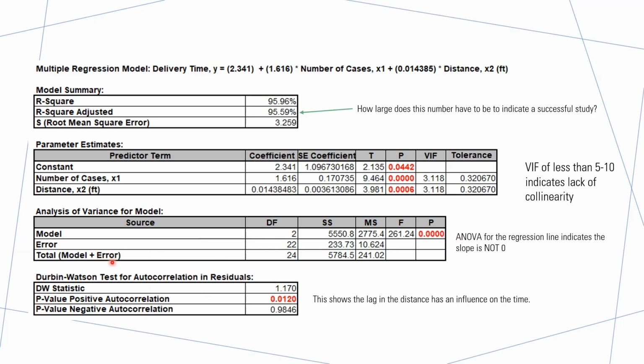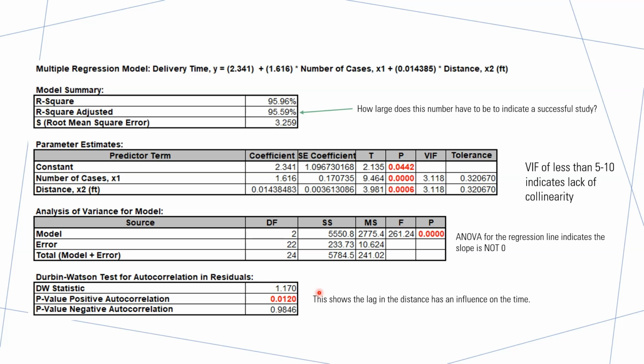The last thing we have down here is a significant value for positive autocorrelation. Think about it this way: positive autocorrelation means that the delivery they made prior has some influence on the next delivery that they made. If we looked at the data, we could see that, particularly on elements 5 and 10. If you printed this off, you can see that.